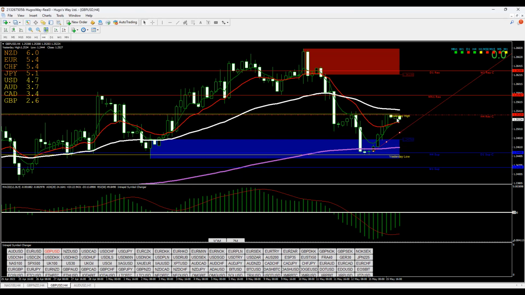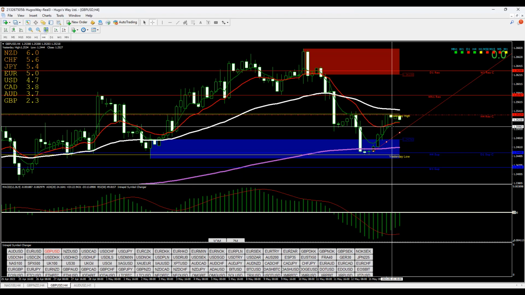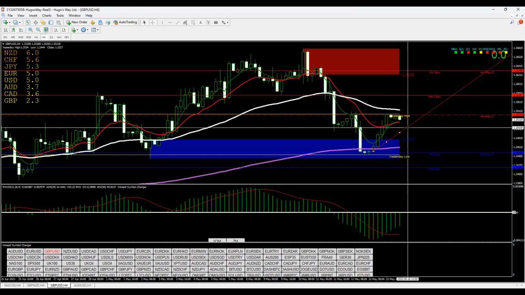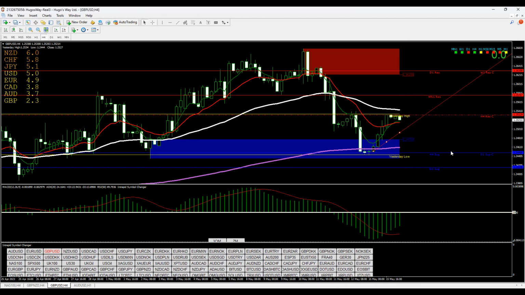So here's price. Now, without drawing the trend line, I'm probably going to take this for a sell here. But if we're going to identify and we're going to follow the rules properly, here's where I take it for these 59 pips.